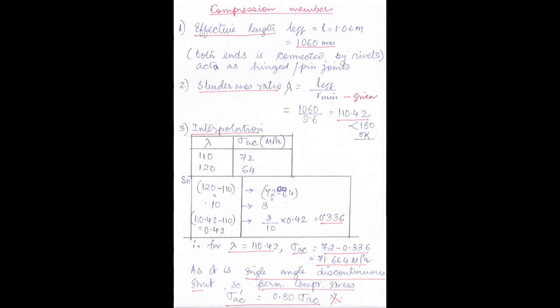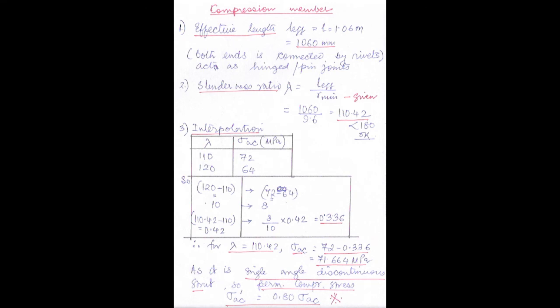But please remember, this is the difference, not the value. So for lambda equal to 110.42, the sigma SC value will be 72 minus 0.336, which gives 71.664 MPa. Why are we subtracting 0.336? Look at the table once again. Sigma SC decreases as slenderness value increases.